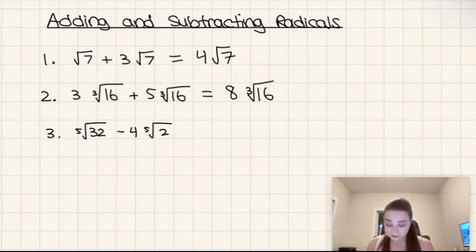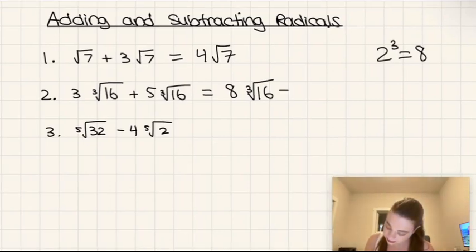Okay. So the next thing we're going to do here, oh, and actually I'm just noticing with this one here, this is not actually in simplest form because 16 does have a perfect cube that is a factor of it, right? As we know, 2 cubed is equal to 8, and that is a factor of 16.